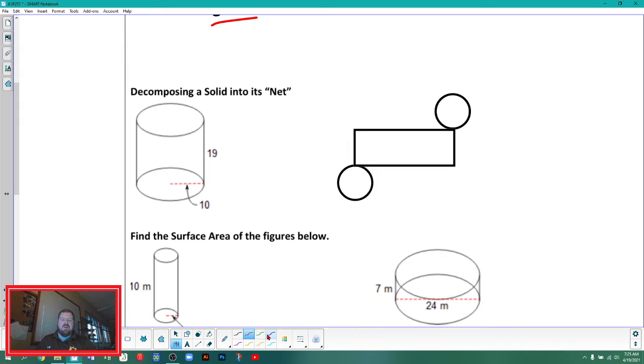Some measurements that we know on here: our radius on the circles is 10. On the side, this curved side that goes around, this measurement right here, totally not to scale, I would say is 19.